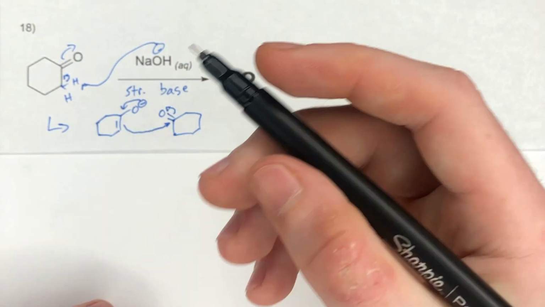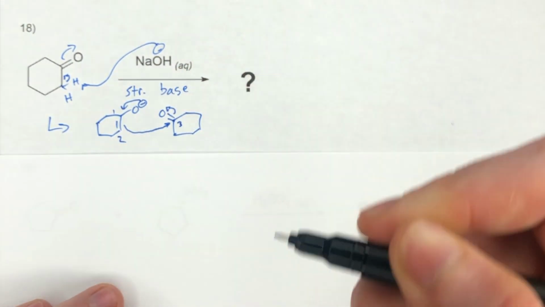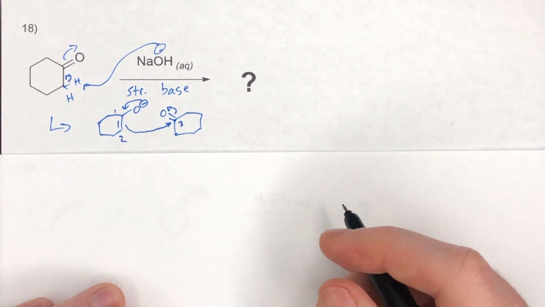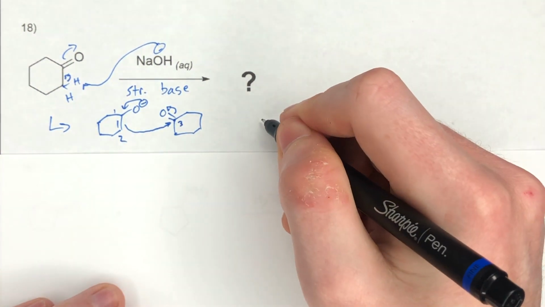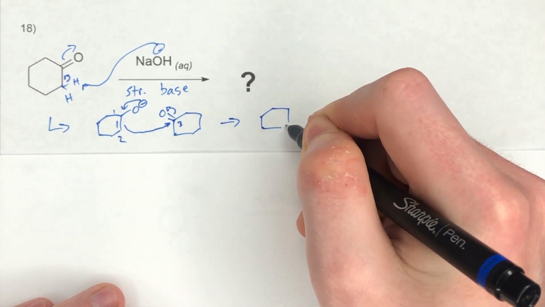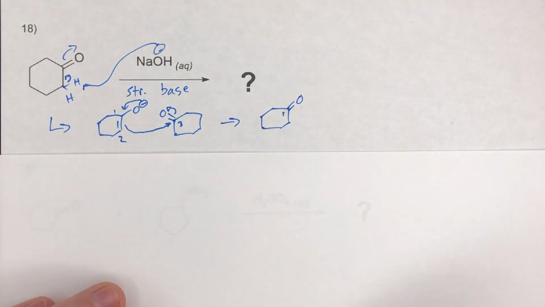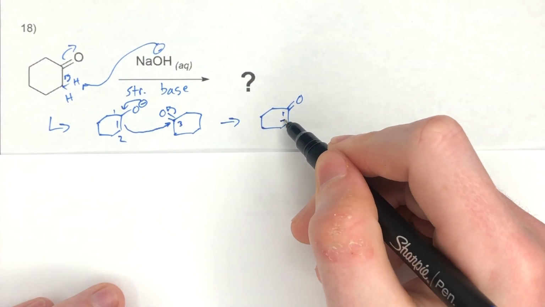So regardless of that, the tricky part again is keeping track of all your atoms. So here I've labeled it. I'm going to draw the molecule on the left first. So position 1 is here. We've reformed the carbonyl, the ketone, by following the arrows, and then carbon 2 is here.